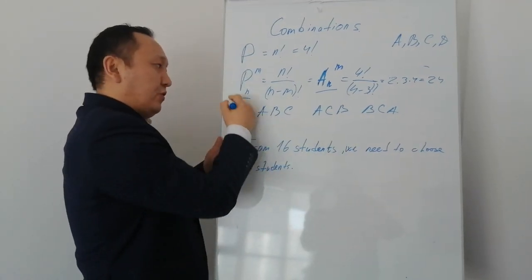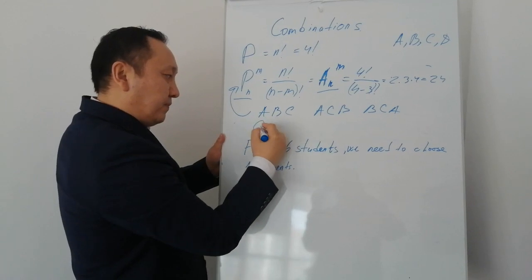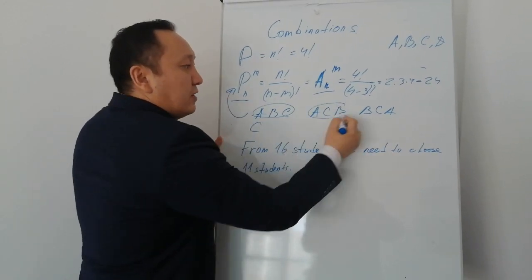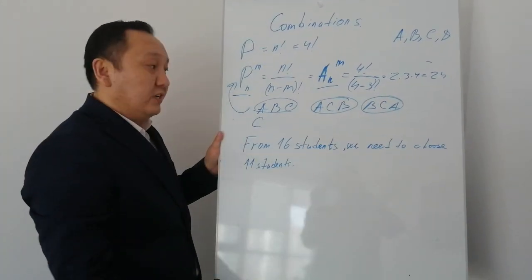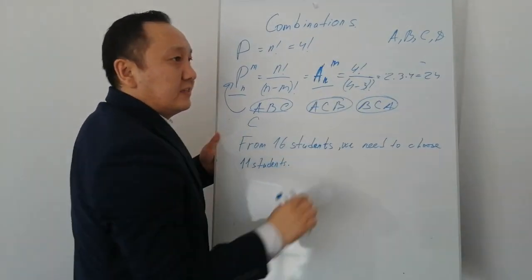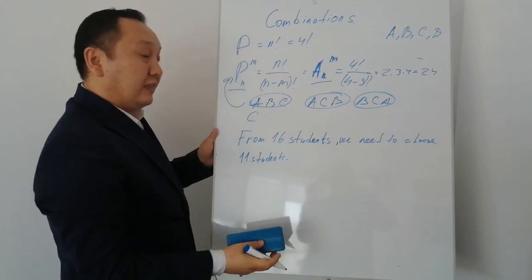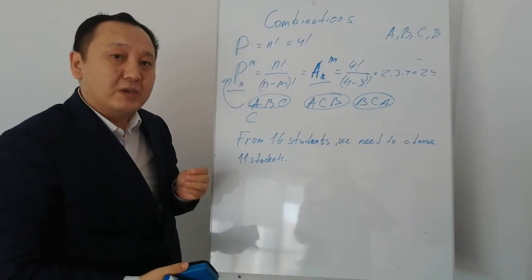All of them count for permutations. But for combinations, all of them are counted as one word. So there is no difference in the order in which these letters are used. It depends on the meaning of the task.